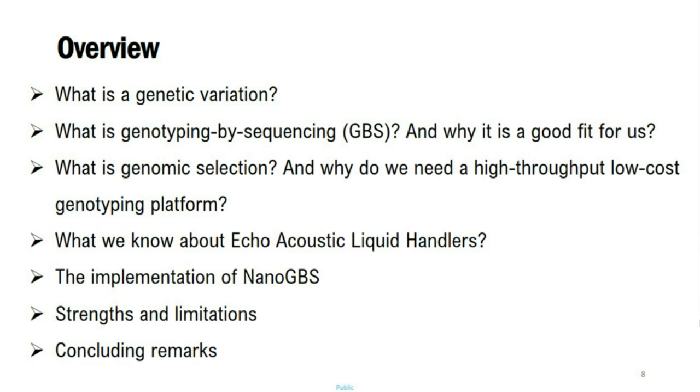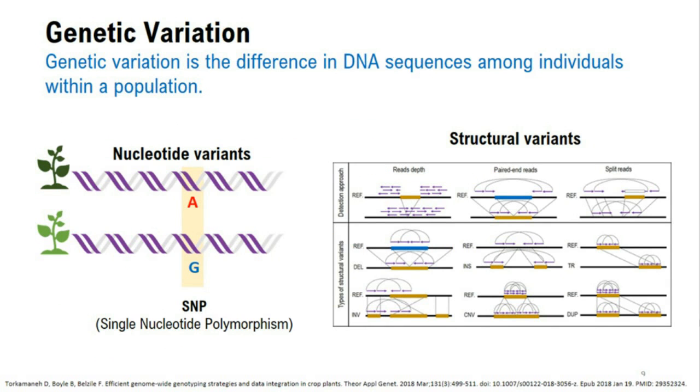Genetic variations are the differences in the DNA sequence among individuals within a population. As an example, here you can see we have two samples. They are mostly identical across the genome, in every base of the DNA, and in some places they differ at the nucleotide level. When they are different at the nucleotide level, they are nucleotide variants.